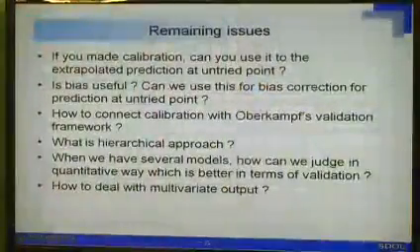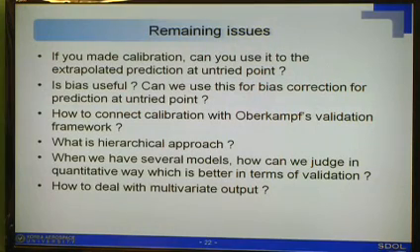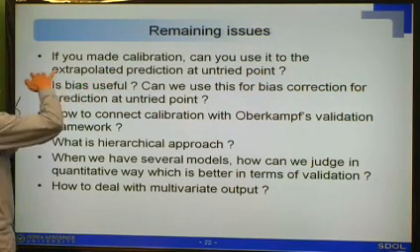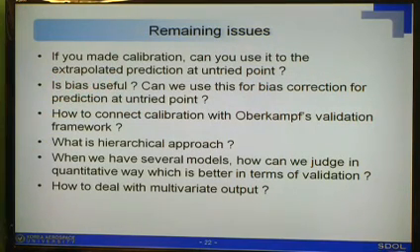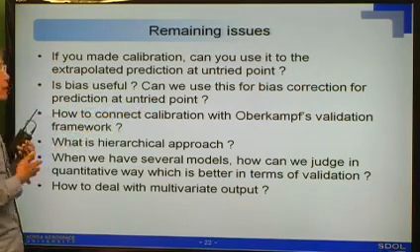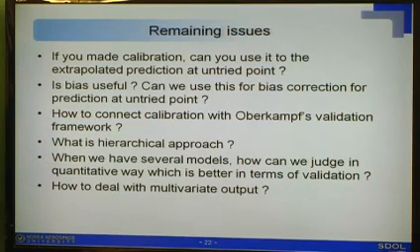There are these issues. If you made a calibration, can you use it for extrapolated prediction? This is a very controversial issue, and we have to be very careful with that. The same thing, when we obtain the bias, can we use this bias for any other cases? The same controversial issue. And we also learned the validation metric.